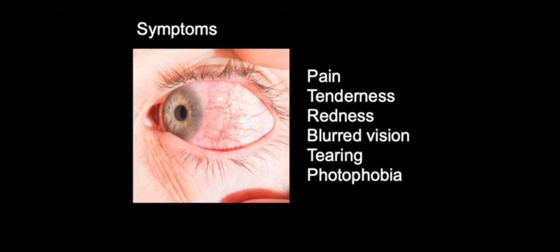That's important because in another condition, which has a very similar name, called episcleritis, you're much less likely to get pain. So in an exam question, if they're asking you about a patient with a red eye and when they're moving the eye, they're experiencing pain, and you've got two options to decide between, one being scleritis, the other being episcleritis, remember that episcleritis is much less likely to be associated with pain.